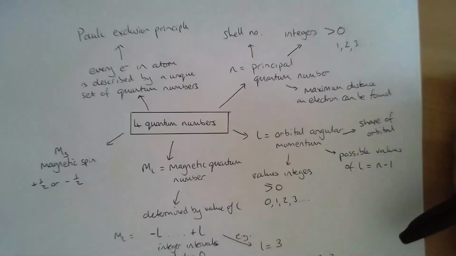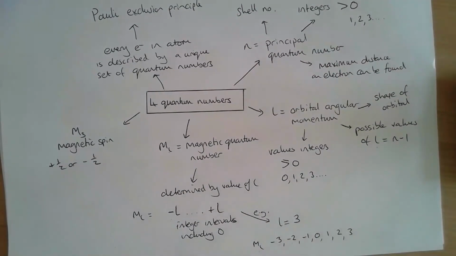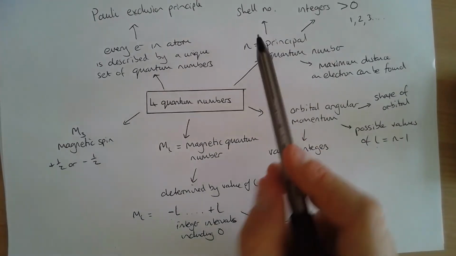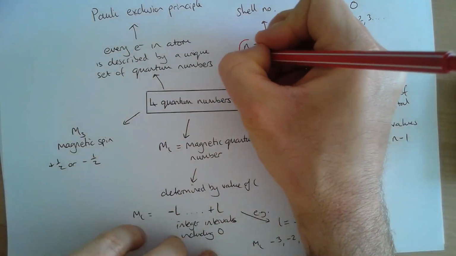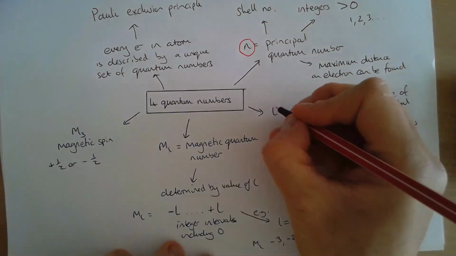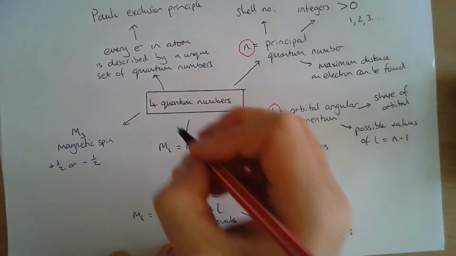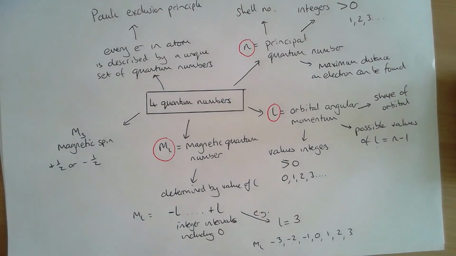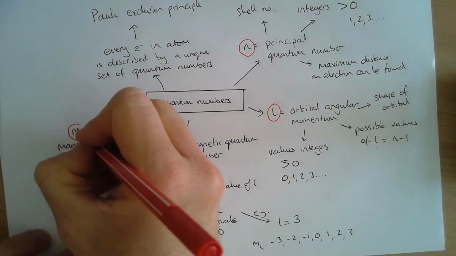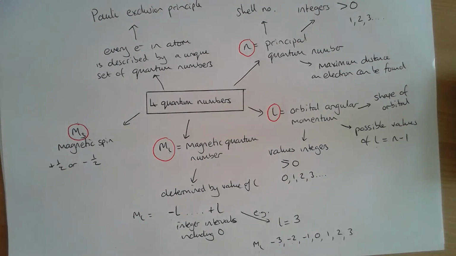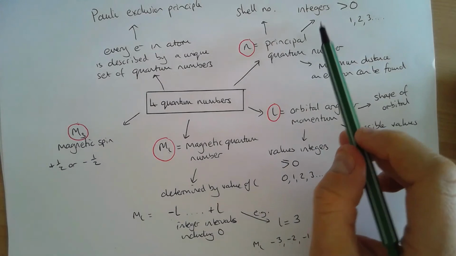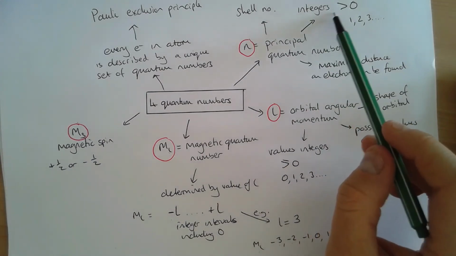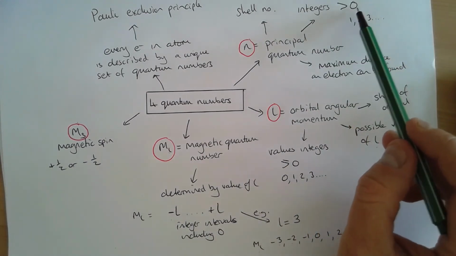What you're going to need to learn from this session are what these 4 symbols mean. So n is the principal quantum number, L is the orbital angular momentum, ml is the magnetic quantum number, and ms is the magnetic spin. We need to know that the principal quantum number is basically the shell number and can have positive integer values greater than, and obviously not including, 0.